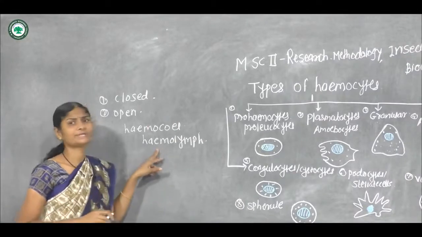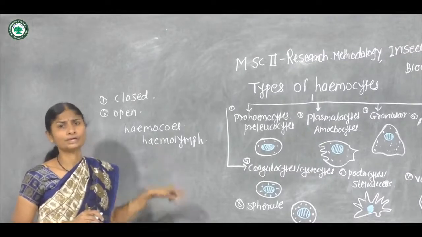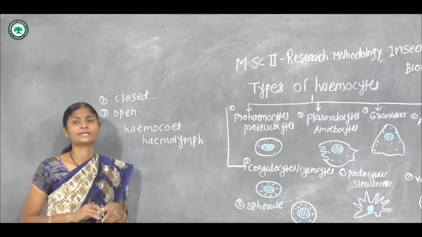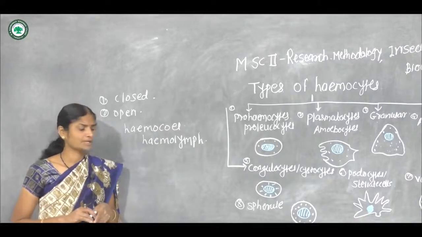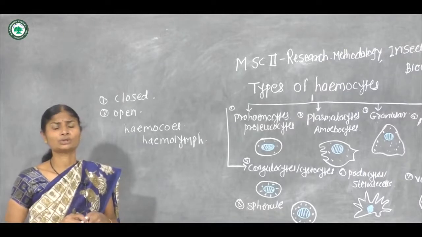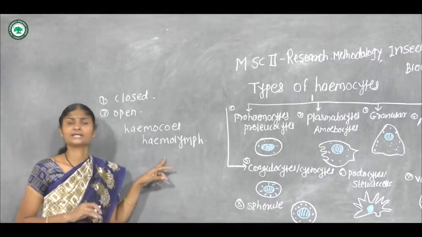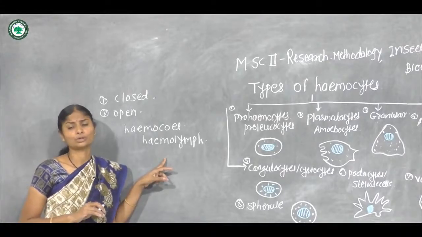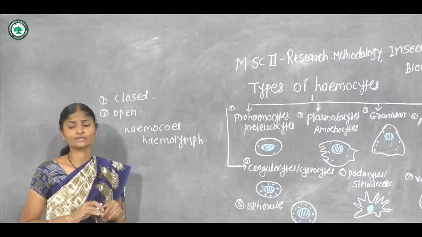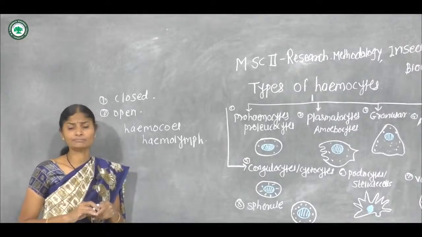This hemolymph is the circulating fluid or blood of insects. Insect hemolymph differs from vertebrate blood in the absence of erythrocytes, that is, RBCs are absent in the insect blood or hemolymph. Again, a high concentration of amino acids is present in hemolymph.